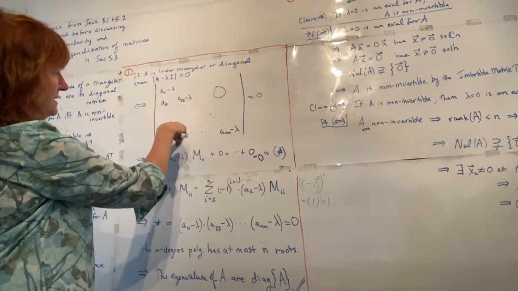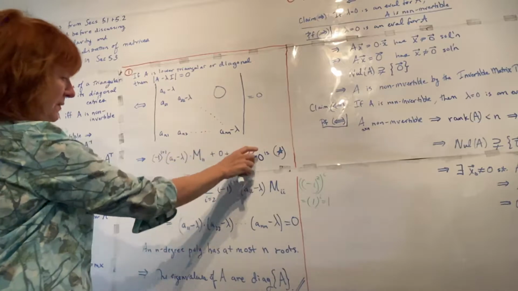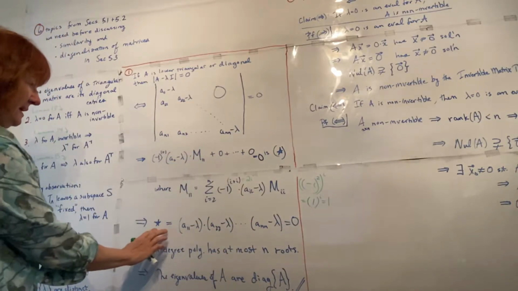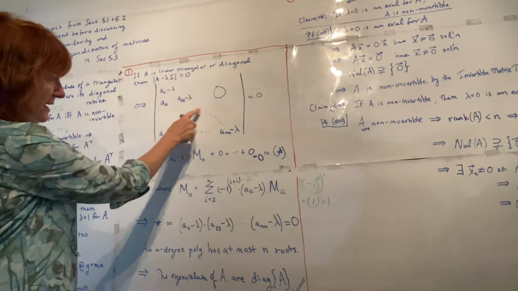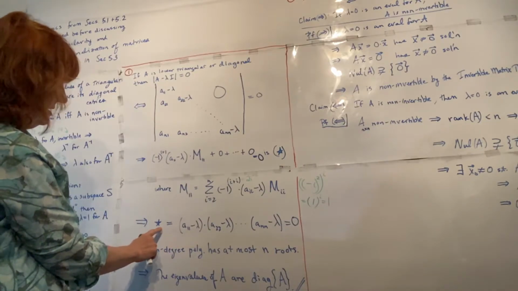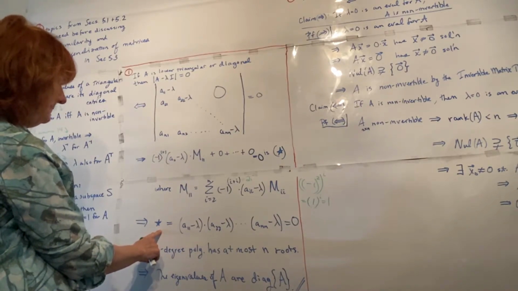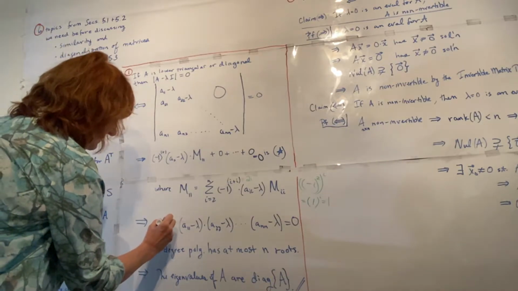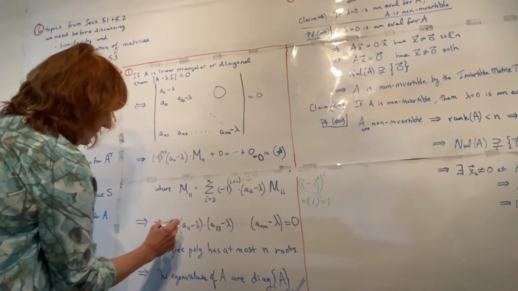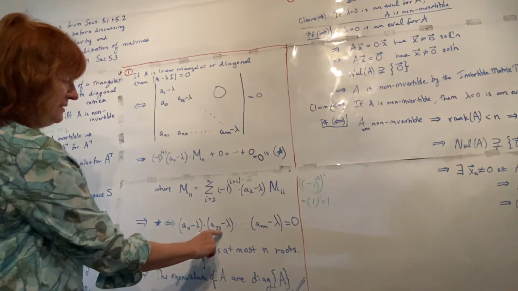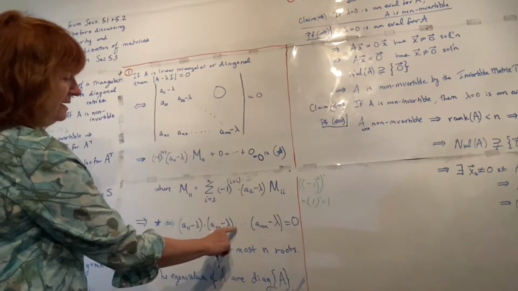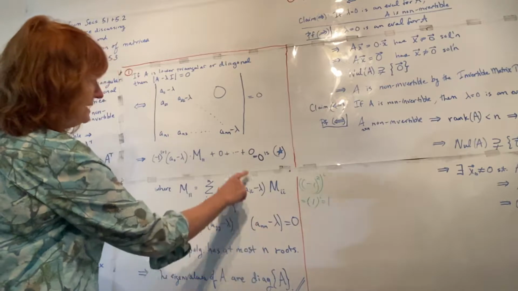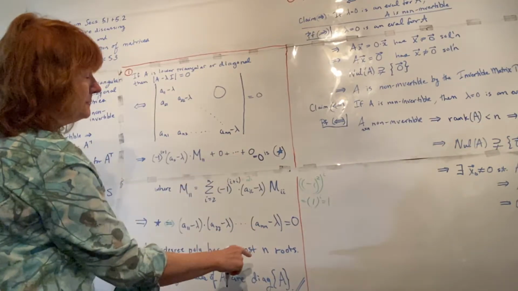Excluding the second row and the second column. And as we proceed, there's only a finite number of steps until the start equation is equivalent to the following: A11 minus lambda times A22 minus lambda times A33 minus lambda, all the way down to Ann minus lambda.